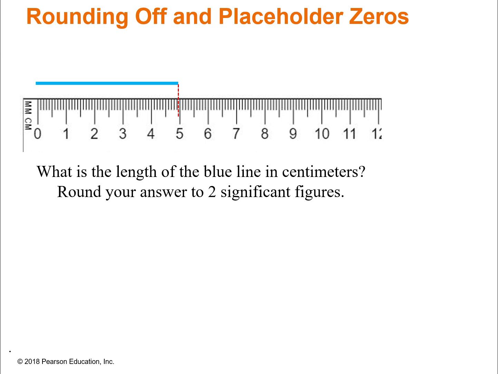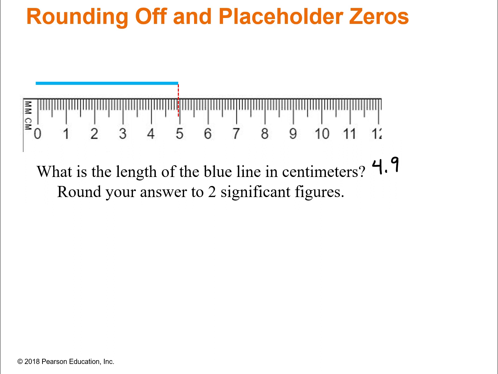This is going to take into account reading the ruler and knowing how many significant figures you should have from the measurement, and then rounding that answer to 2 significant figures. So what is the length of the blue line in centimeters? We've got, for sure, 4 point something, 4.9, because we can read that just using the tick marks.